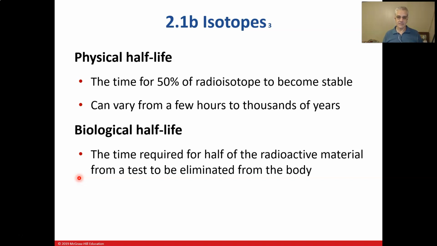That's what a half-life is. Some isotopes have a very, very short half-life, on the order of milliseconds. Some, like carbon-13, have a half-life of thousands of years. So it all depends. Various isotopes have different half-lives.